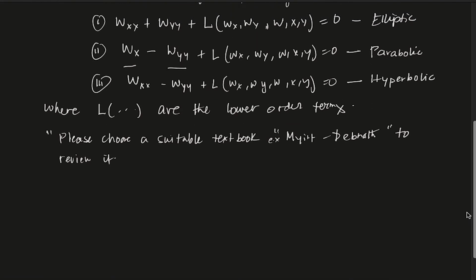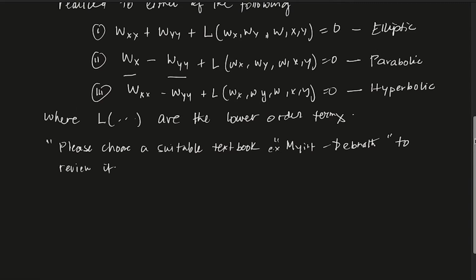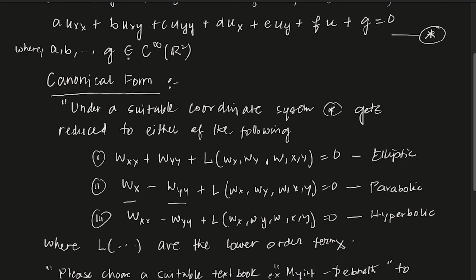Okay. Now, what is the point of all of this? The point is, if we want to study most linear equations, you do not need to know how to solve a general equation like this. All you need to know is how to solve these three prototype equations. If you know how to work with these three prototypes, you are done.